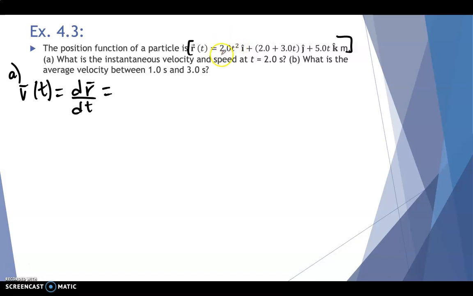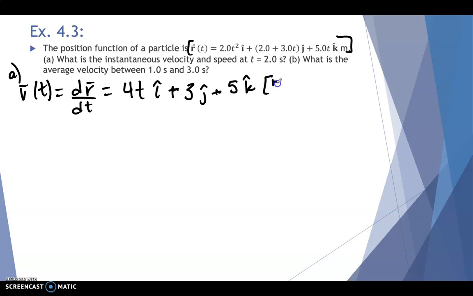The derivative of 2t squared is going to be 4t, and this remains in the i hat direction. Then we have 2 plus 3t, so taking the derivative with respect to t, we get 3, and remember it's still in j hat, plus the derivative of 5t with respect to t is just 5, and this is in k hat. So this is our instantaneous velocity, our general description in terms of t.